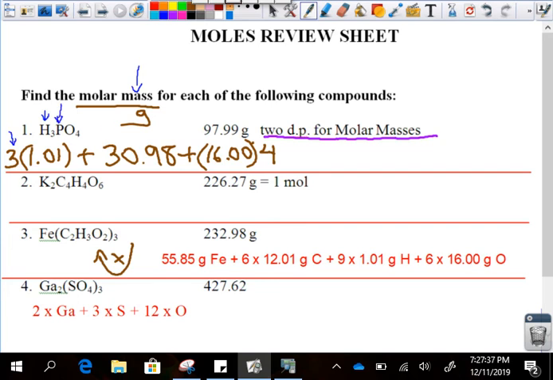I went to the periodic table and I found phosphorus. I didn't have to multiply it by anything because there's only 1 phosphorus. And then I found oxygen. Oxygen is 16. There's 4 of them, so I multiplied by 4. And then I added all of these pieces together to get the molar mass of H3PO4. And that is where this answer came from.